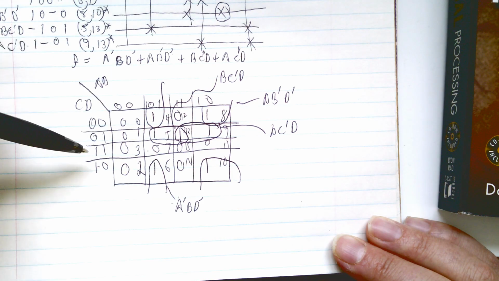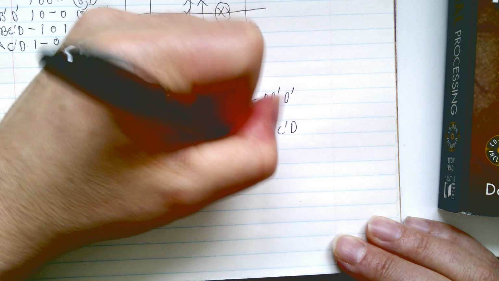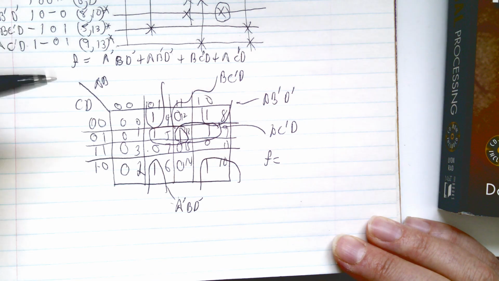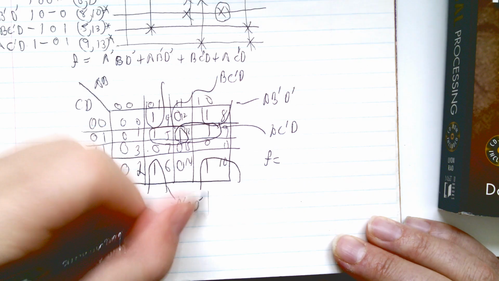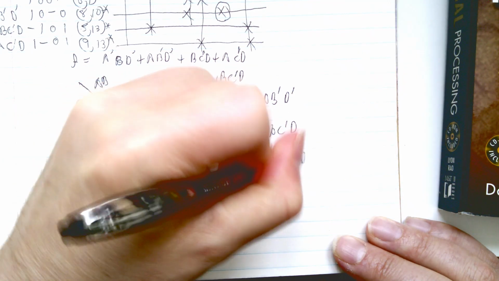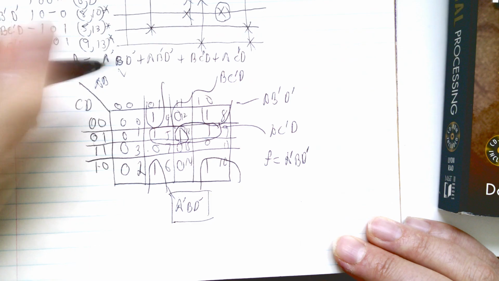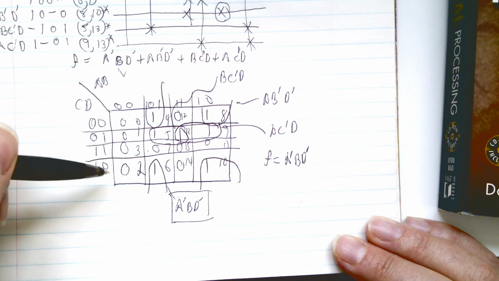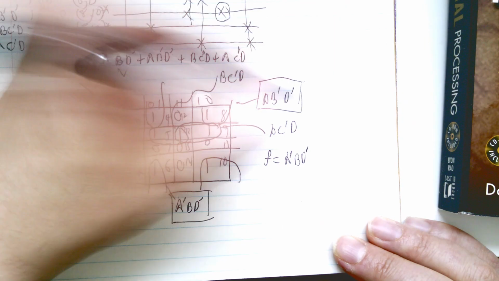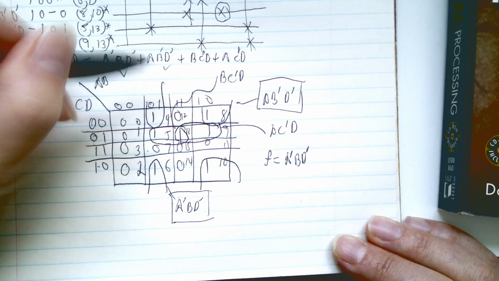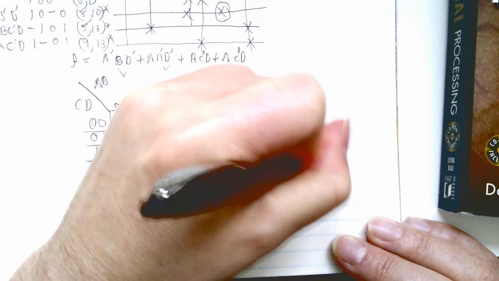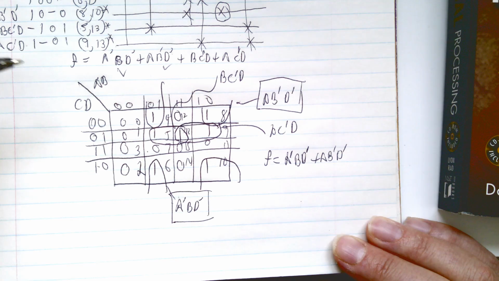So let's compare our result. We've got F equals, and we can write out A prime, B, D prime, and that checks. We can write out A, B, D prime, and that checks. A, B prime, D prime.